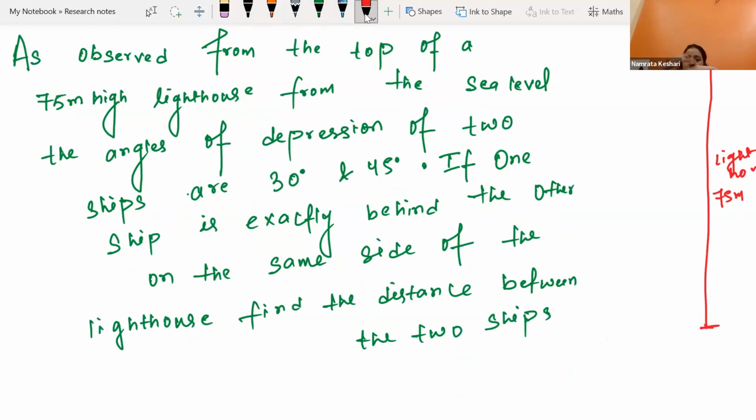From sea level, the height is 75 meters. Of course, that height only we need, right? The angle of depression of two ships. Okay, two ships are there.